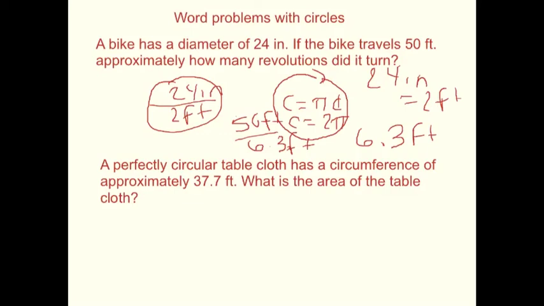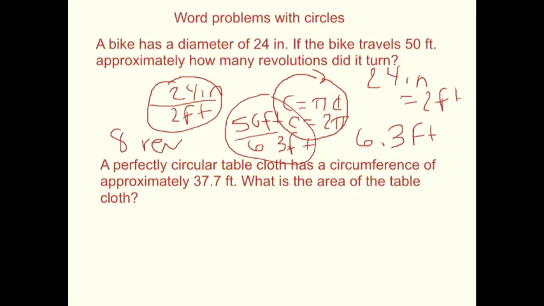So if it's asking approximately how many revolutions did it turn, in this case, it turned approximately 8 revolutions. If you look at your number, it's 7.96 and so on. So you know that's approximately 8 revolutions, which would also make sense if you just looked at this fraction and thought, well, I'm dividing 50 by approximately 6.